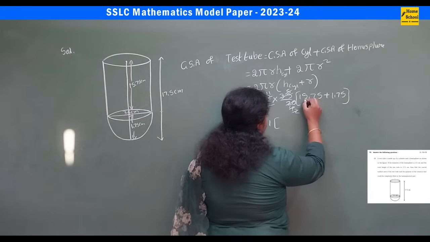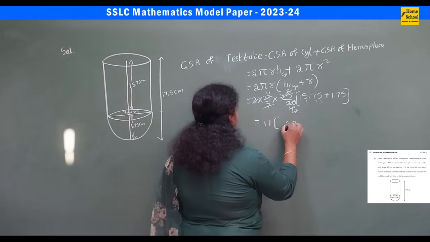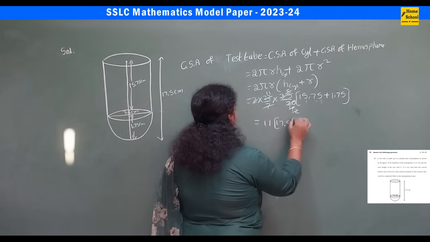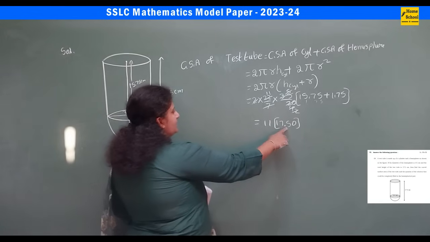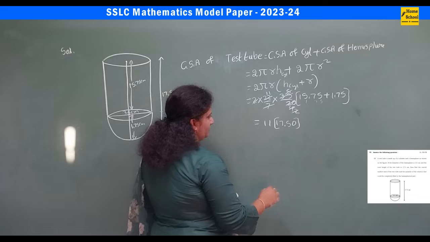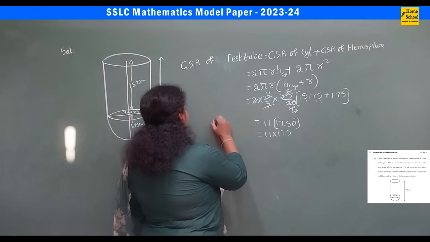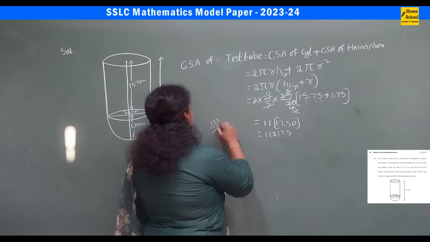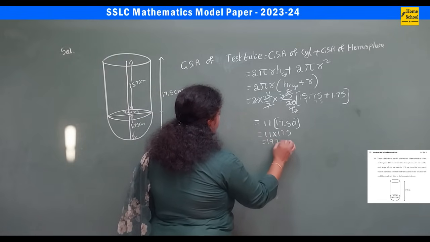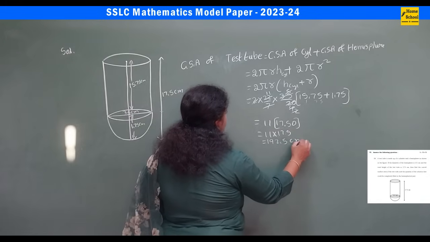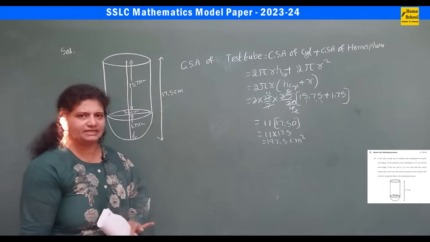Add these two, 15.75 plus 1.75. It will be 17.50 into 11. The decimal point afterwards, the 0 you can skip. Directly you multiply 11 into 17.5. That will be 175, 192.5 centimeter square. This is the CSA of the complete test tube.